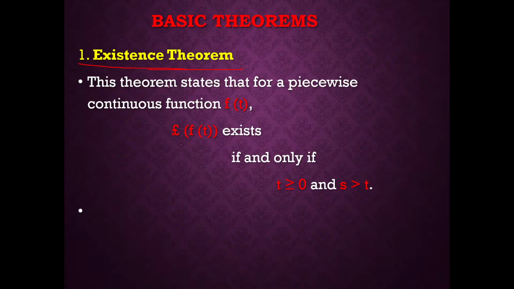This existence theorem states that for a piecewise continuous function f of t, if you take the Laplace transform of f of t, this symbol I got from the text equations.